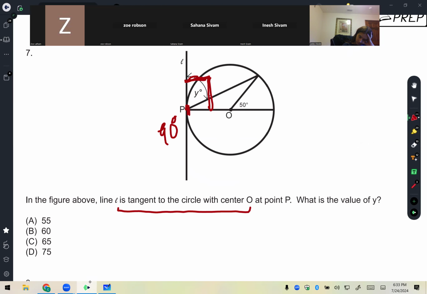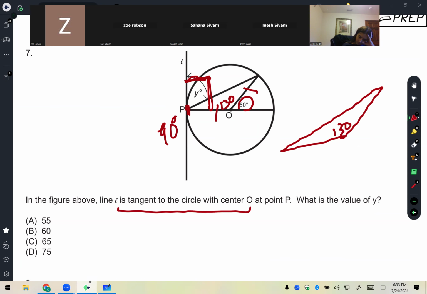So I have to fill in what I can. So if this is 50, I don't know how I'm going to get all the way over to y, but that's all right. So this is 130. And so these radii are equal. So I'm just going to bring that obtuse triangle out here.